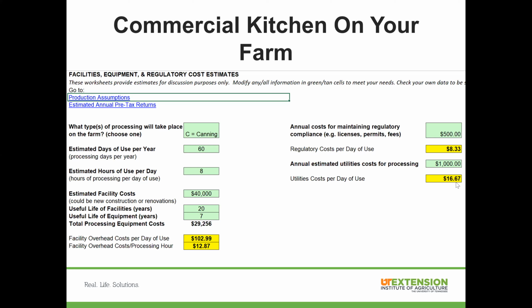Okay. And we've got a publication on our Center for Profitable Agriculture website that talks about what are non-potentially hazardous products, and what are the rules and regulations. I mentioned that you can't have full-time employees, and you have to be direct marketing them. You can't wholesale them, and it has to be a non-potentially hazardous product.